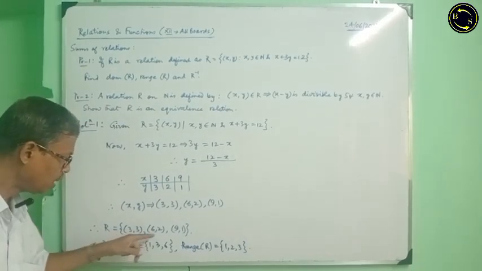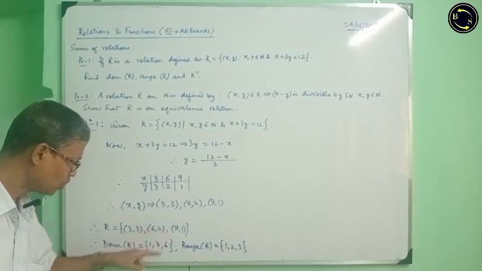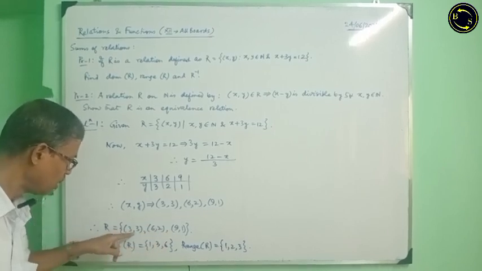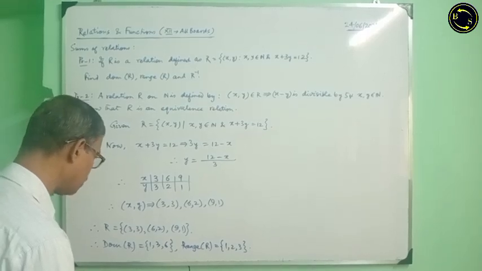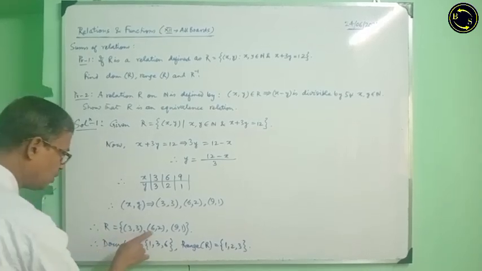Domain 3, 6, 9. Oh, I have written wrongly. 3, 6, 9.